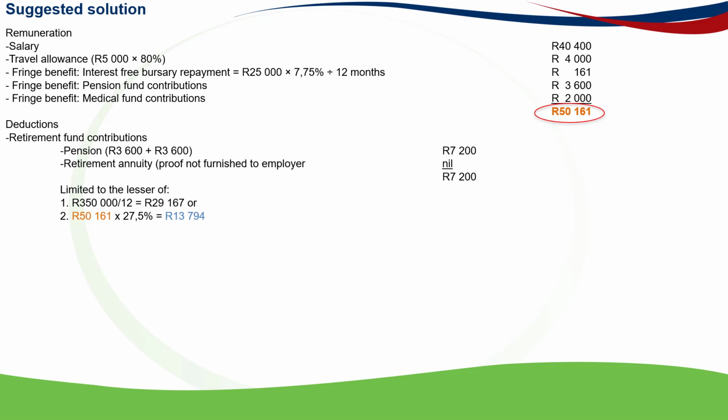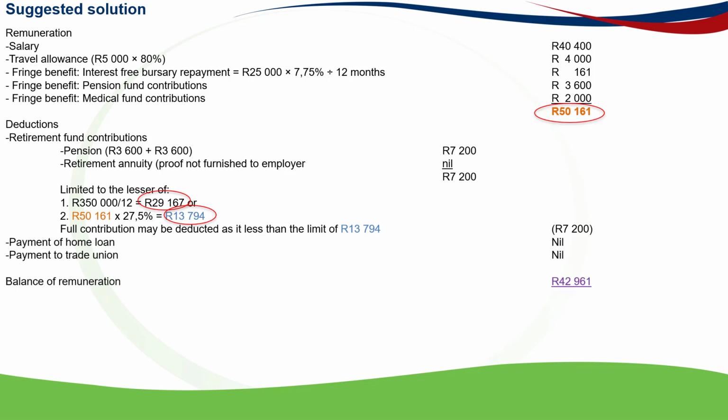So the lesser of the 29,167 or 13,794 is obviously the 13,794, and this amount is higher than the actual contributions made of 7,200, and therefore there will not be any limitation, and the whole 7,200 will be allowed as a deduction to get to the balance of remuneration.